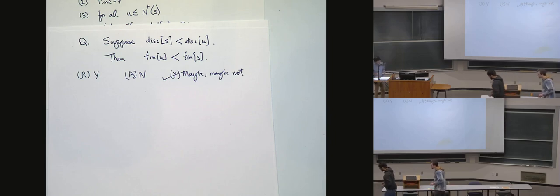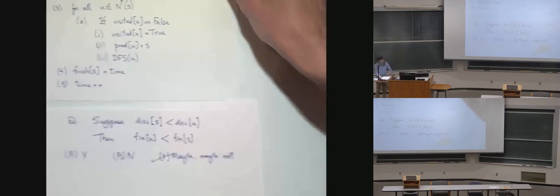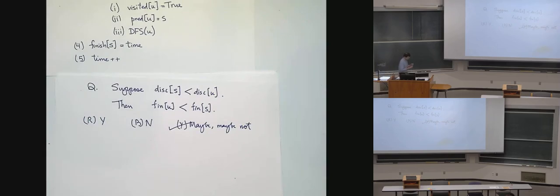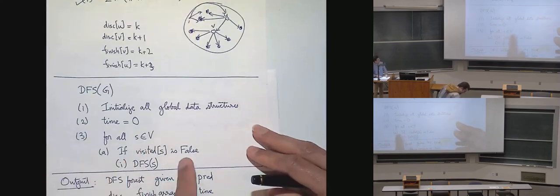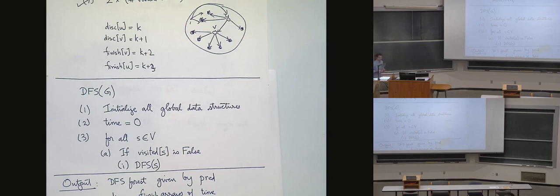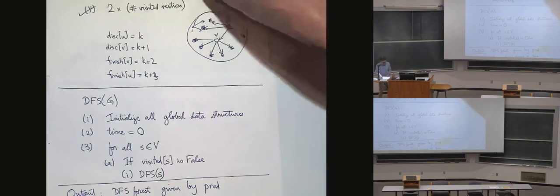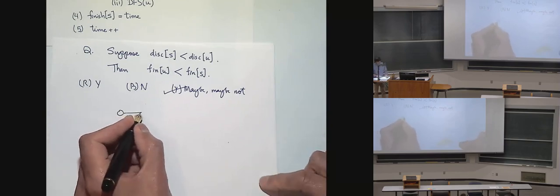So remember, and this is where DFS gets very tricky to understand. Remember our code for DFS on the whole graph. Where is that? There it is. Remember we just said for all S and V we're going to do this procedure. I'm going to draw a very simple graph and an ordering on those vertices, which is going to show you this example. So let's just say your graph looked like this.